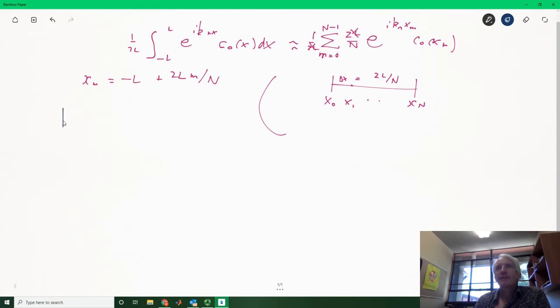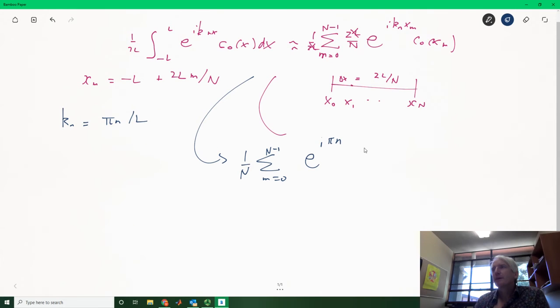We know that k_n is equal to pi n over L. So if I come down here, I get the sum, 1 over n, from m equals 0 to n minus 1 of e to the power of i pi n over L times x_m, which is minus L plus 2Lm over n, times c_0 of x_m.